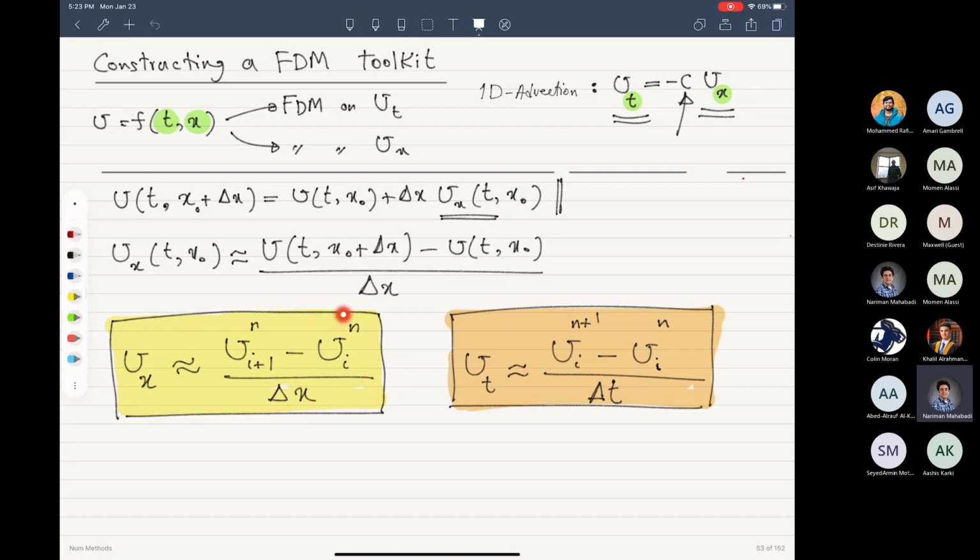Okay, so we found we can easily write this differential equation with respect to x using again the Taylor series first order forward, it's simple, right? The unknown function in the next point at the same time minus the unknown function at the same location, same time, divided by the interval where we are taking the derivative with respect to x, so this should be delta x. Also, the change should be with respect to x, right? So time is constant.